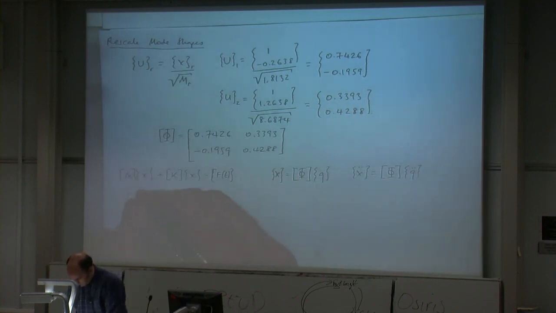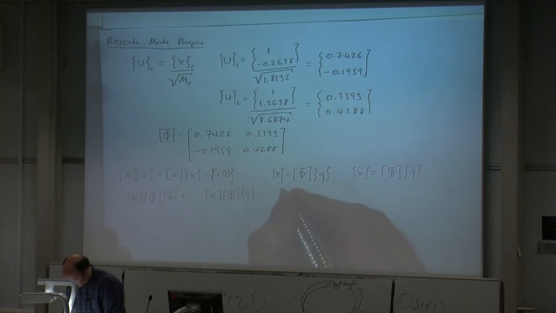So we put these substitutions in here. We have m phi q double dot plus k phi q equals f(t).